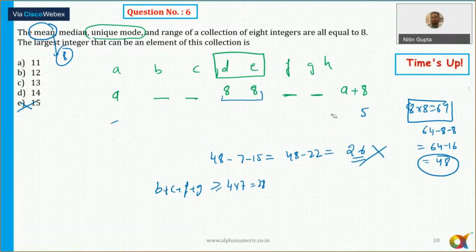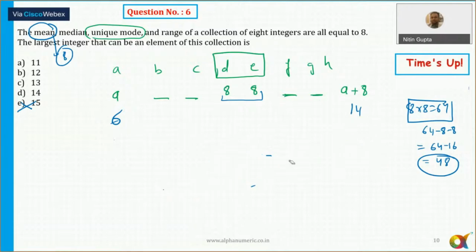Let's say H is 14 and A is 14 minus 8, that is equal to 6. So in that case, 14, 8, 14 and then 6. So what is the sum of the remaining 4 integers? That will be equal to 48 minus 6 minus 14, that is equal to 28.